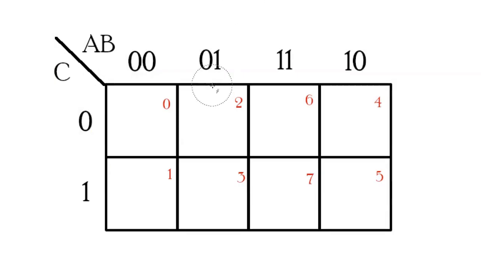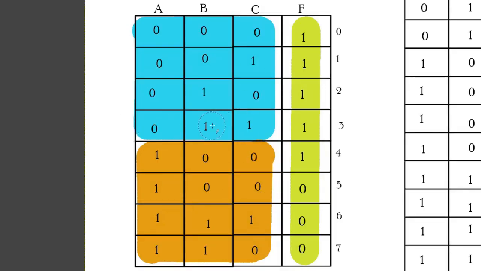Alright, now that we've completed the 2 variable K-map, we're going to be doing the 3 variable K-map. We're going to be using this truth table with the 3 variables, and I just marked it in 2 colors, blue and orange, so that we can separate it and mark it in the 2 methods that I taught before, so that it can be even more clear for you all to actually do it by yourselves, right?